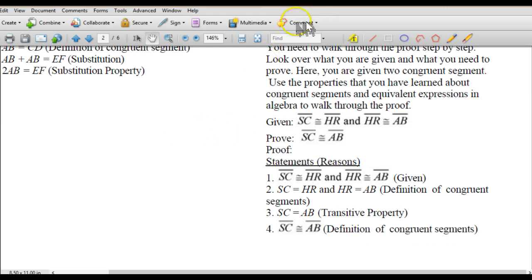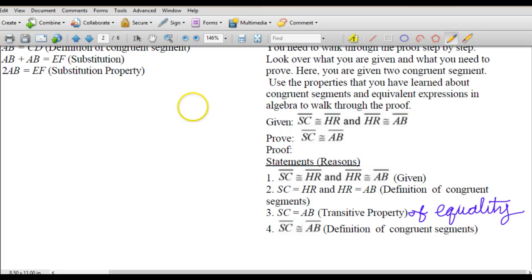From here, we are using the transitive property of equality, which says that if A is equal to B and B is equal to C, then A is equal to C. So in this case, our A is SC, our B is HR, and our C is AB. So if SC and AB are both equal to HR, they have to be equal to each other by the transitive property of equality.